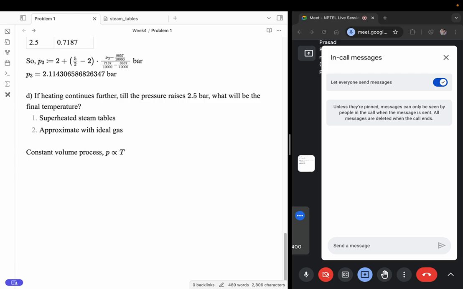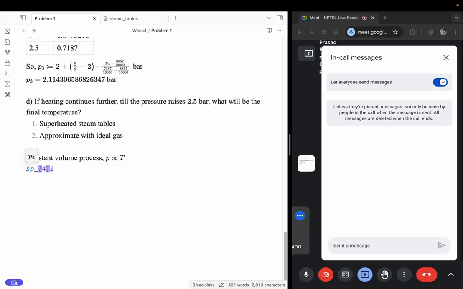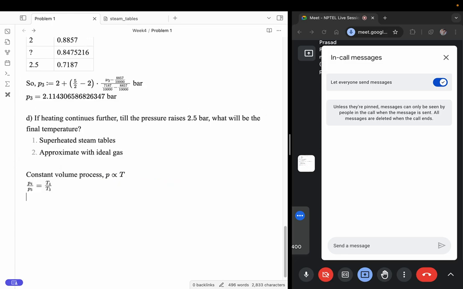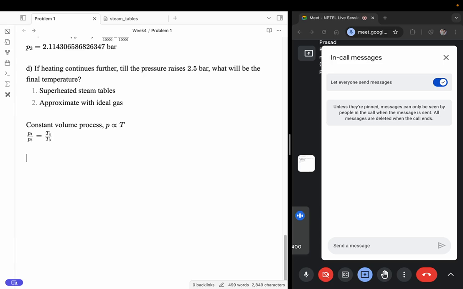So in here we know the values of T4 and T3, and we know the values of P4 and P3.